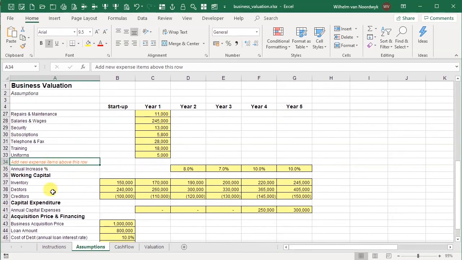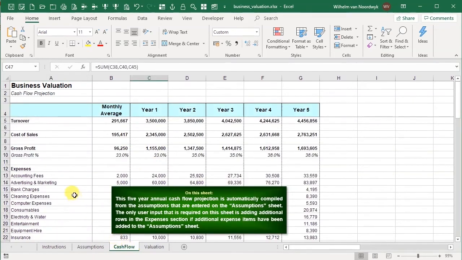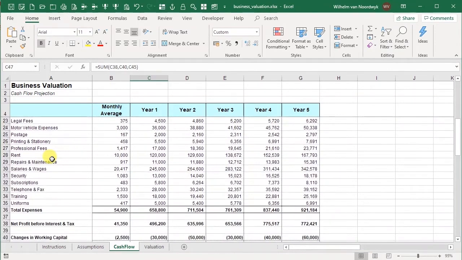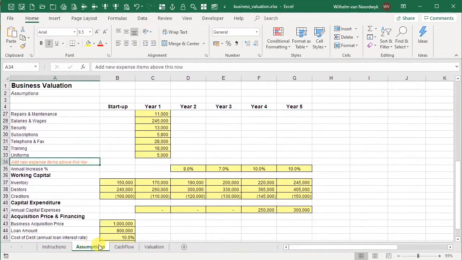If you add expense items, you also need to add them on the cash flow sheet. So you'll see the turnover, cost of sales, and gross profit calculations, and then your expenses section. So you manually need to add rows to the cash flow sheet as well.